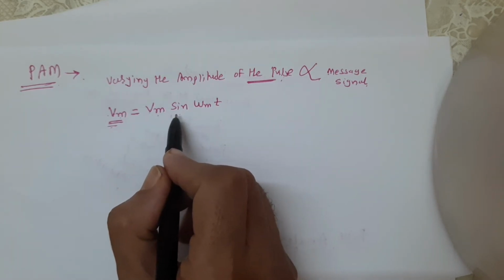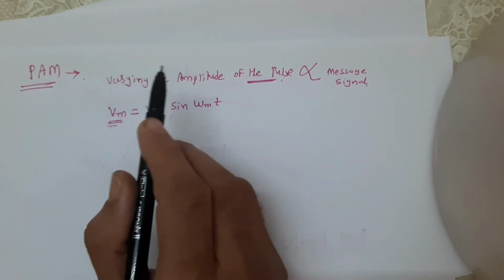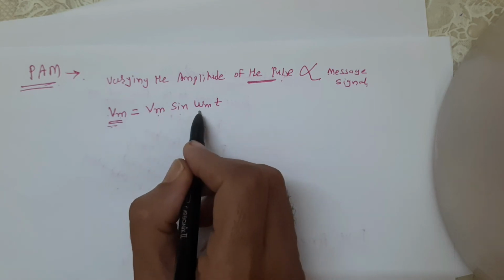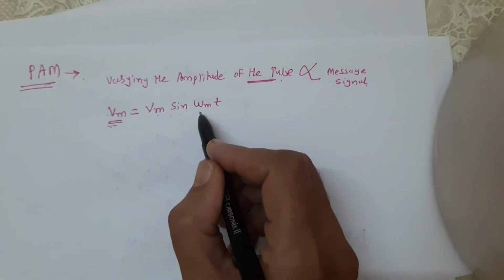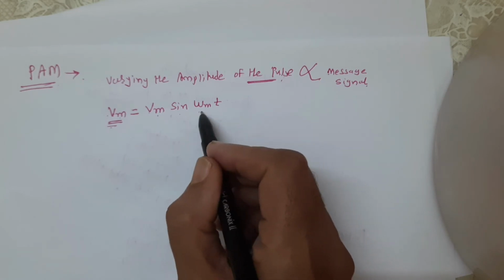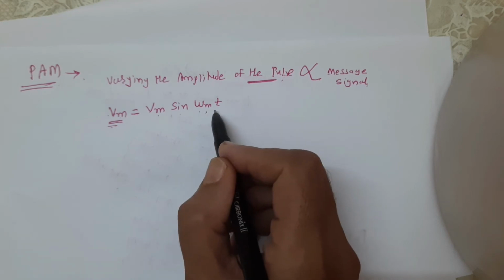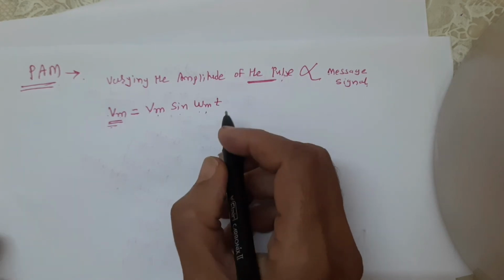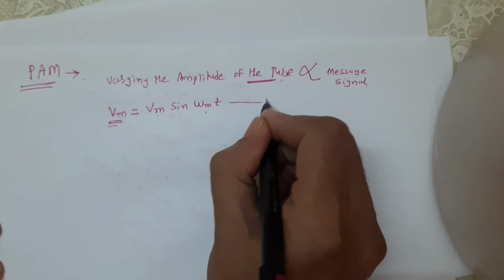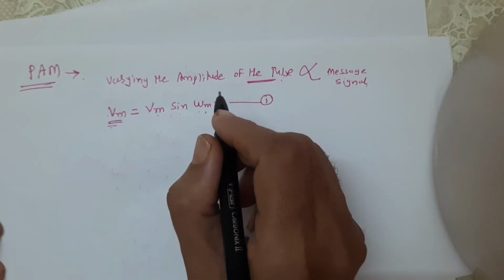Sine gives us the shape of the waveform. Omega m is 2 pi f, which shows the frequency of our message signal. And t is the time in seconds. This is our message signal equation. This is nothing but our Fourier series equation.